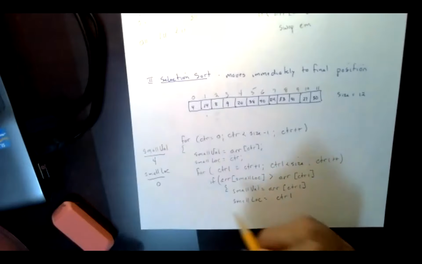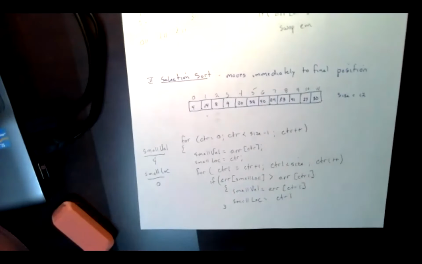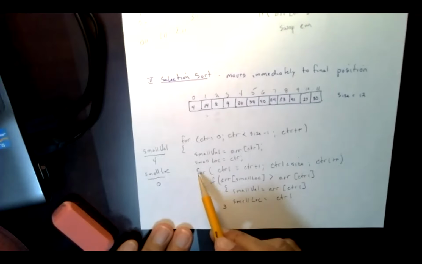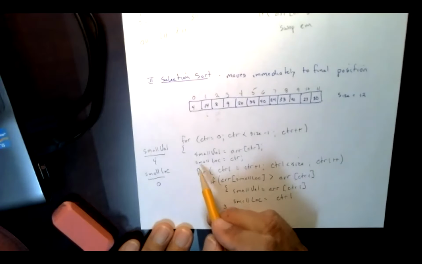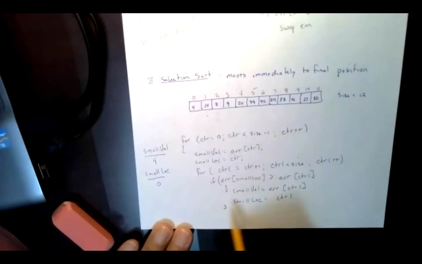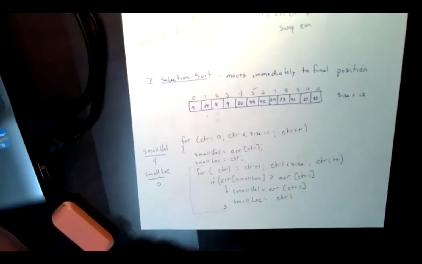So this would keep going through finding that smallest one. Now, when I come out of this for loop, what do I need to do? As soon as I come out of them, what do I want to do before I move over to the next number?